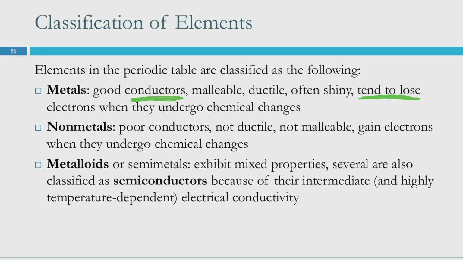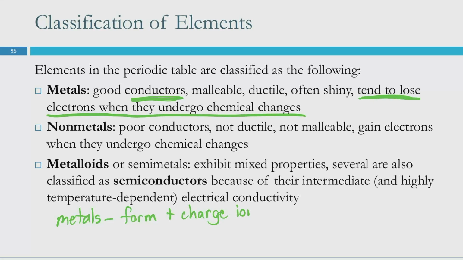And perhaps most importantly, they tend to lose electrons when they undergo chemical changes. So metals, we'll write this down lower. Metals, because they lose electrons, form positive charge ions, generally.